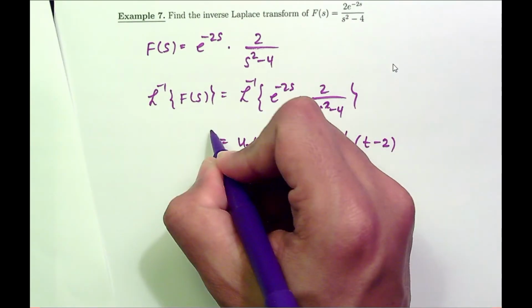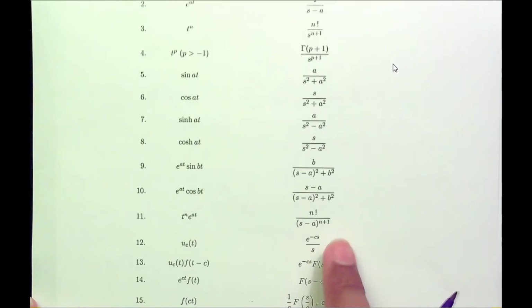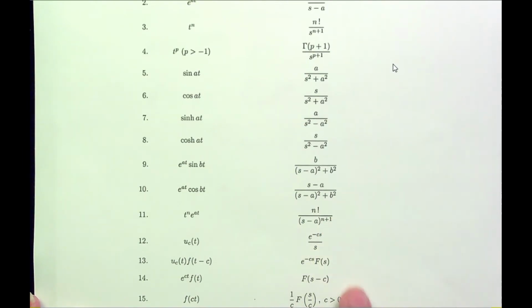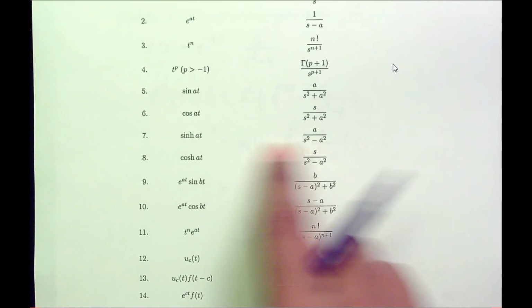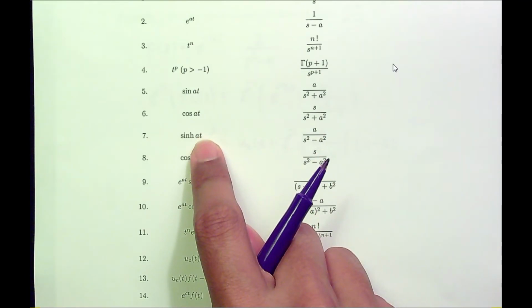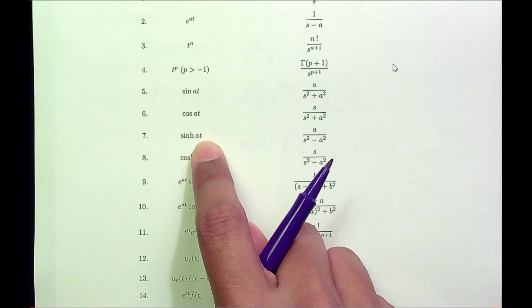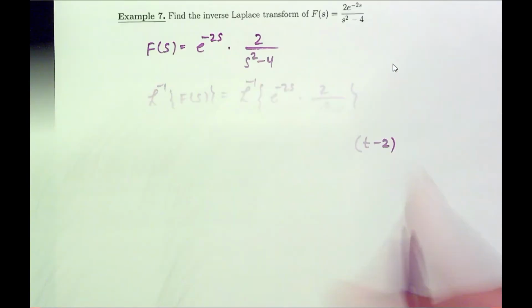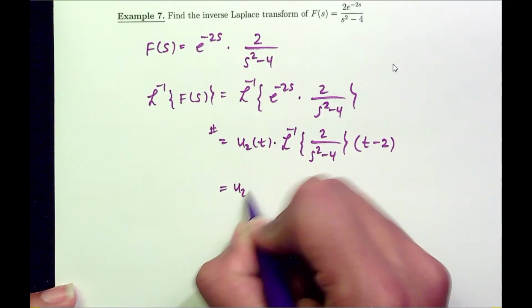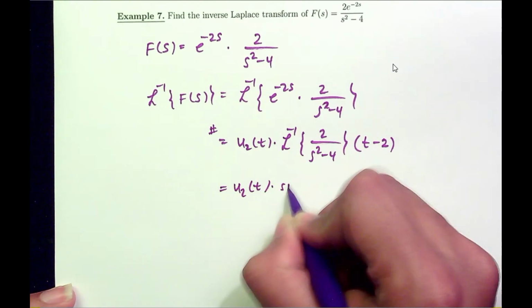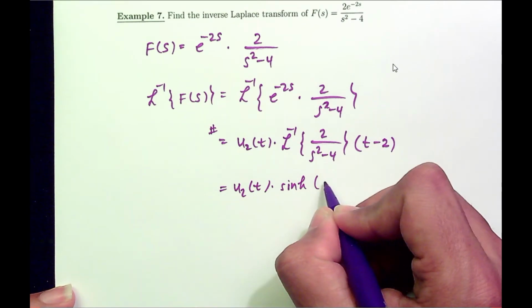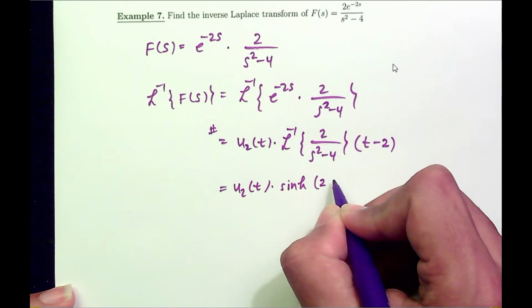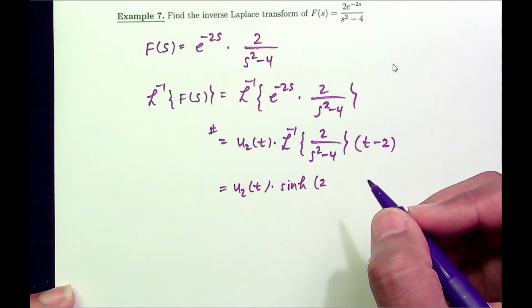Okay, so we said this is number, what was this one? 7. So that's going to be the hyperbolic sine of at, where a is 2. So this is going to be hyperbolic sine of at, where a is 2, so 2t.